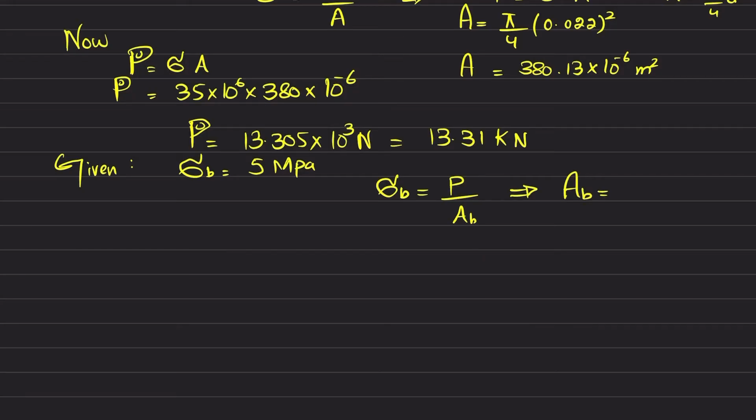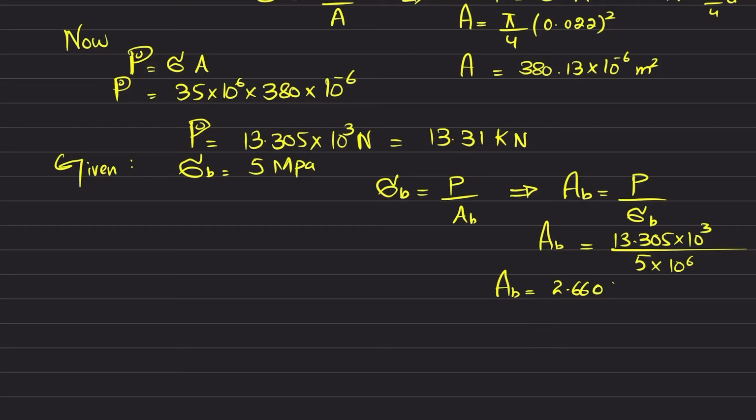AB is equal to P divided by bearing stress. P we have calculated as 13.305 into 10 raised to power 3, divided by 5 megapascal, which is 5 into 10 raised to power 6. This will give you the bearing area, which is equal to 2.6609 into 10 raised to power minus 3 square meter.